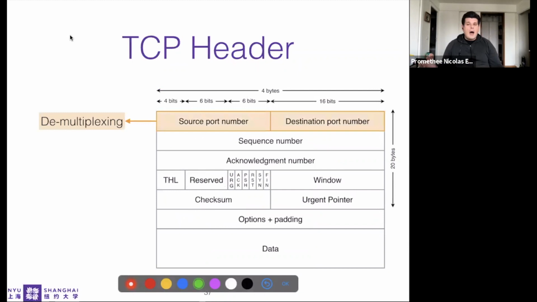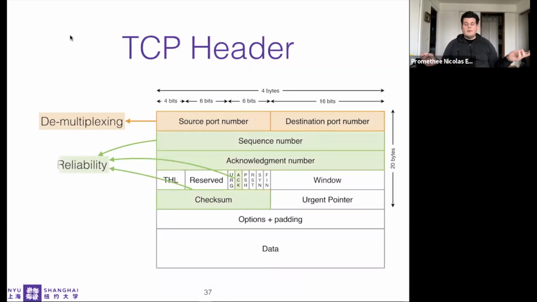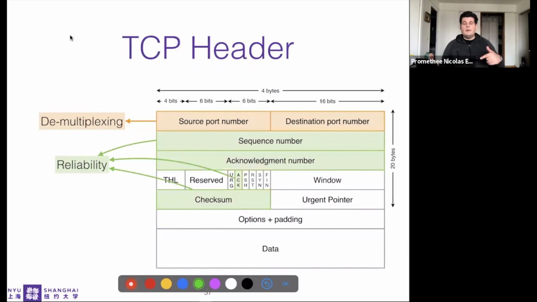Port numbers, why? Because we need to do some multiplexing. You remember? We may mix multiple TCP connections coming from the same end host. So to know which application is sending or receiving, we use port numbers. Good. What did we say regarding the sequence numbers? Sequence numbers are there because we need to be able to identify which bytes are missing.